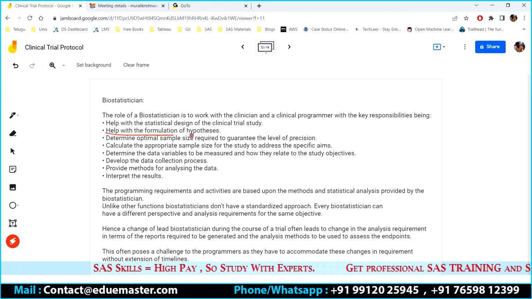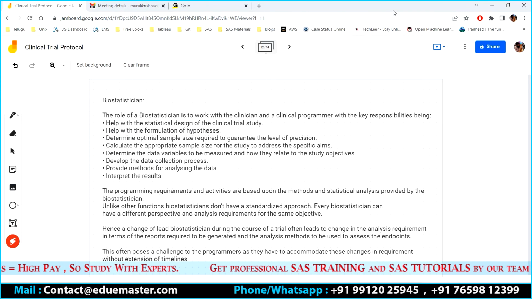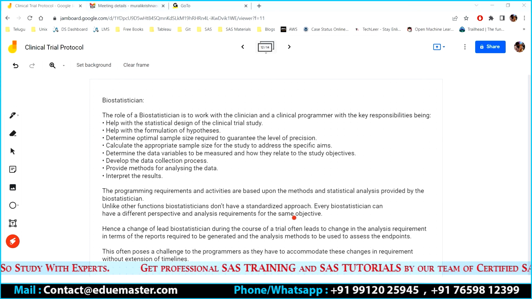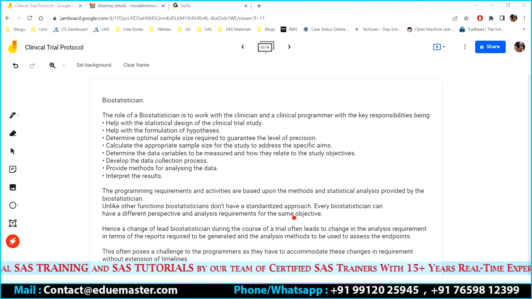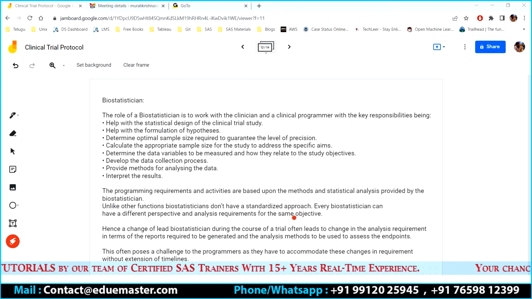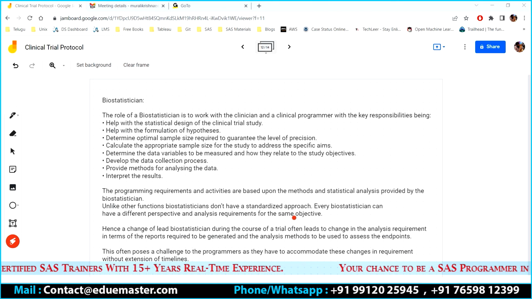Then, help with formulation of hypothesis. You guys remember where this hypothesis has come up and where we discussed it? Anyone? If you remember the clinical trials procedure that I explained on day one, I told you three things.